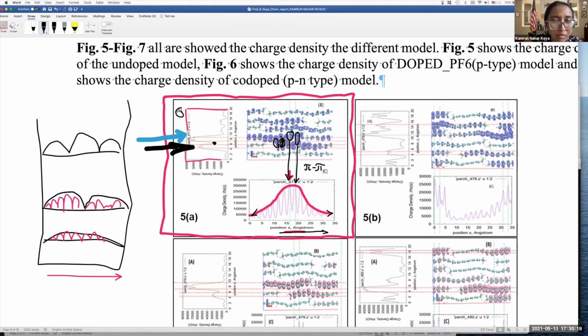Like from the isosurface, it's not. But from the position of the Z, it seems like their difference is not too much. Okay, so they are compressed so close that orbital contributions from one oligomer and another one overlap and hybridize.